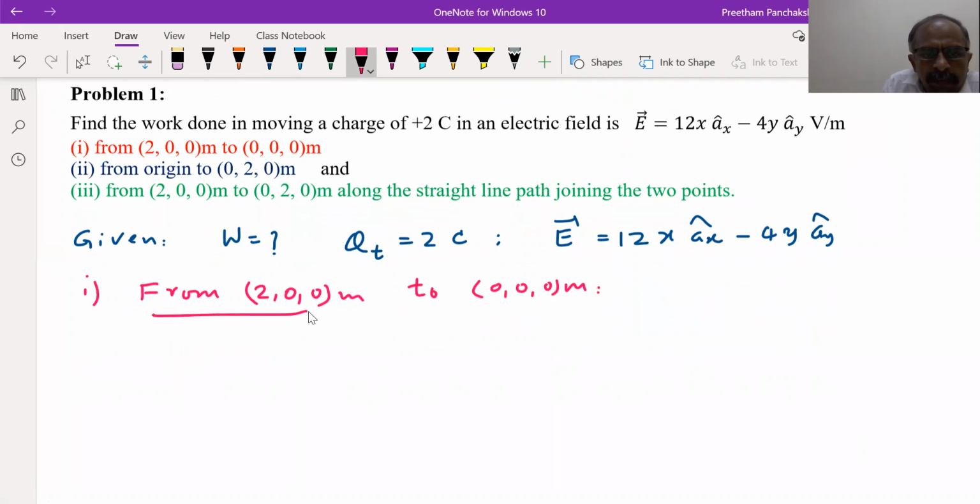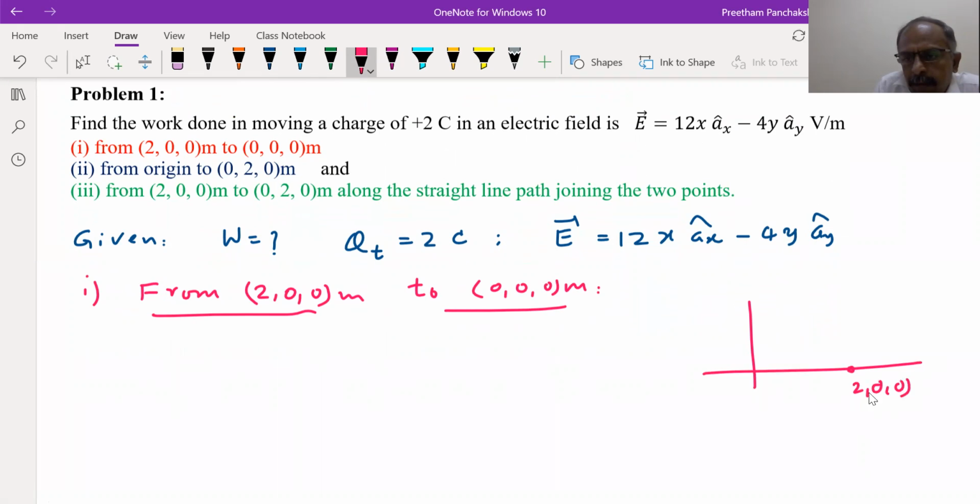So the problem is in the Cartesian coordinate system, as there are no angles given in the points. The point (2,0,0) lies along the x-axis. So the charge is moved from (2,0,0) to (0,0,0), in this direction.